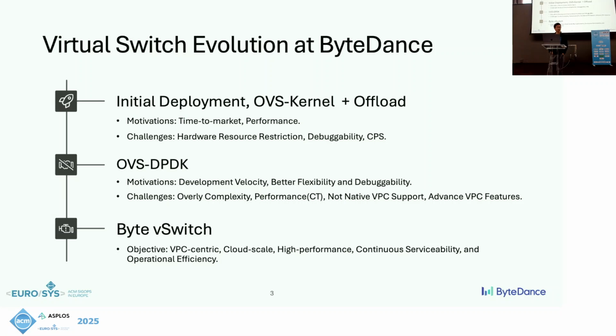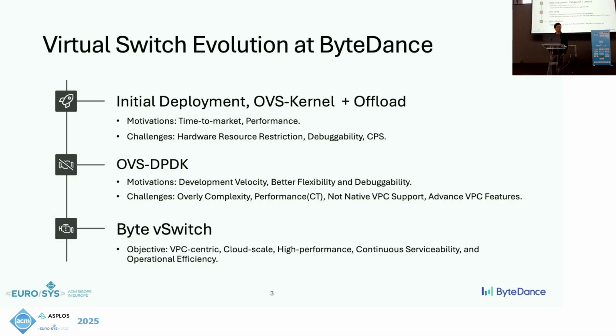This gave us pretty good performance in terms of PPS, but because we took the offload option, there are a lot of restrictions, especially from the hardware resources, because they have very limited SRAM, which limits the number of sessions and the functions we can offload.